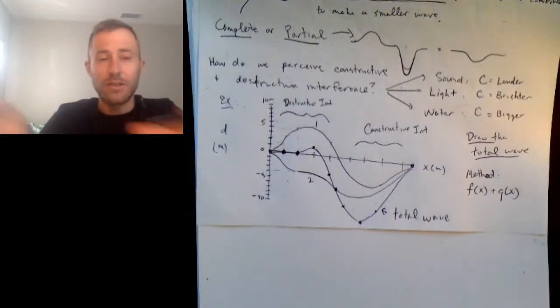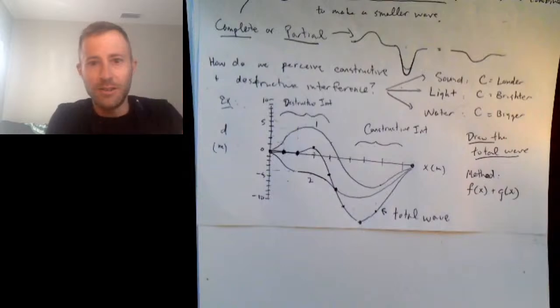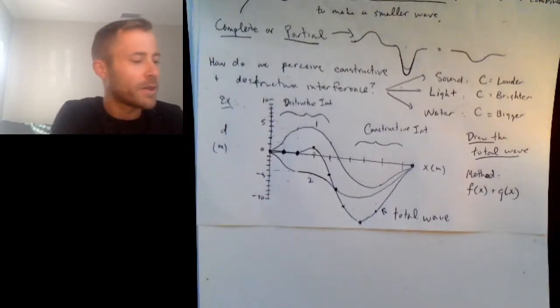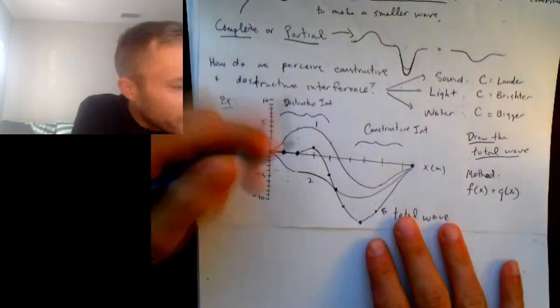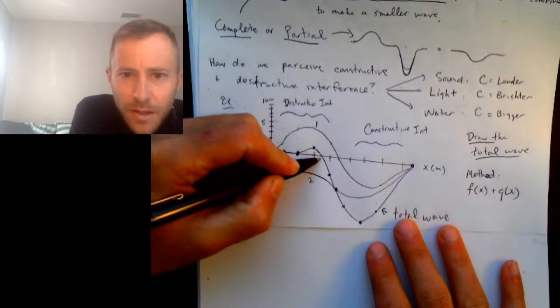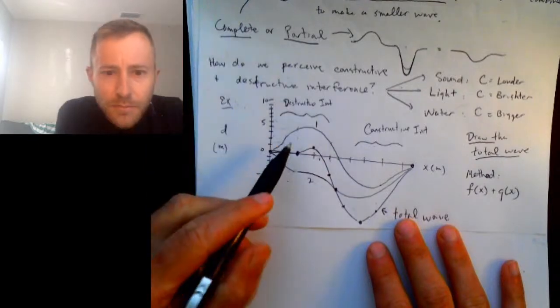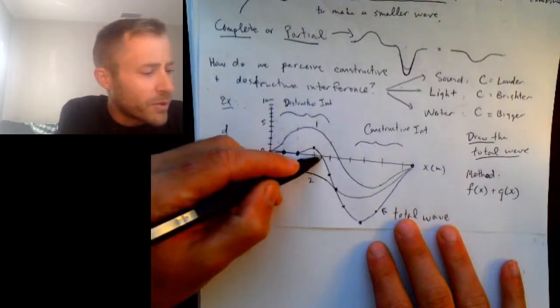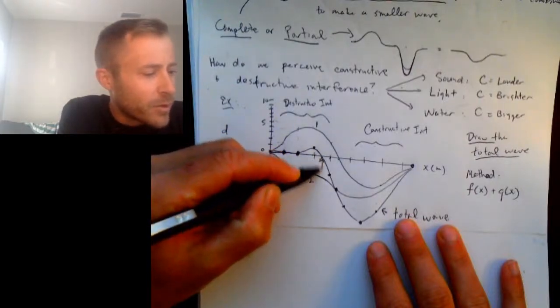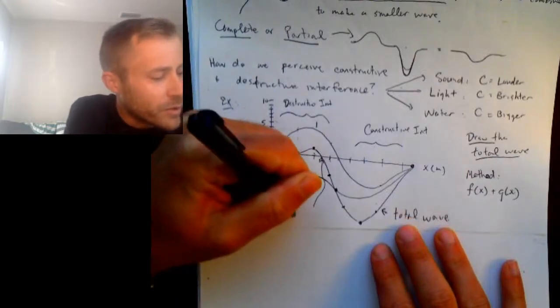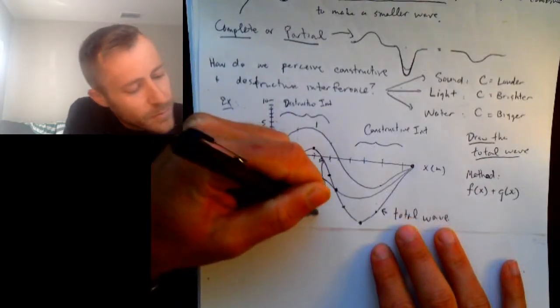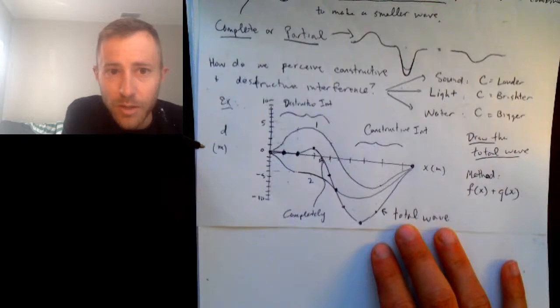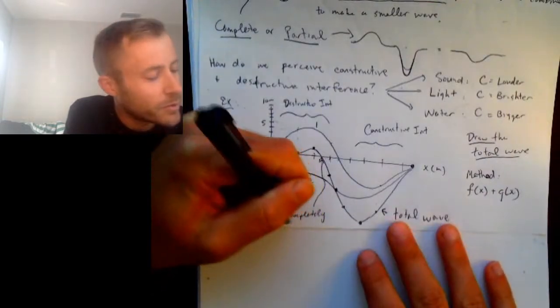They can have constructive at one location and destructive at the other. In fact, right here at position x equals maybe 3.5 or so, we have completely destructive interference because they're combining to make a wave that has zero displacement.